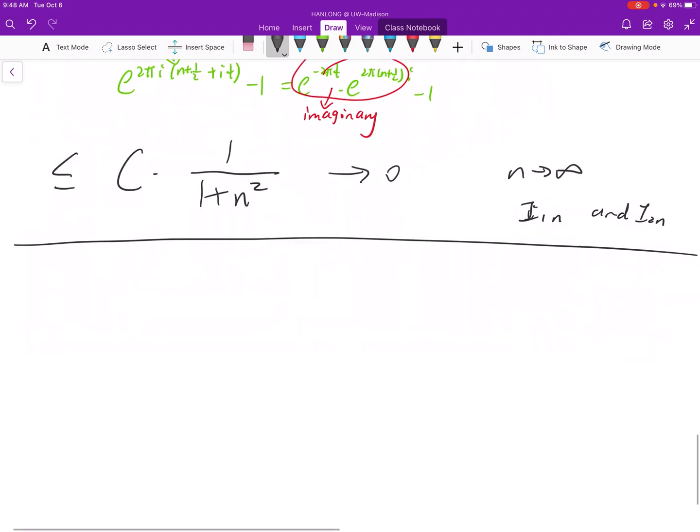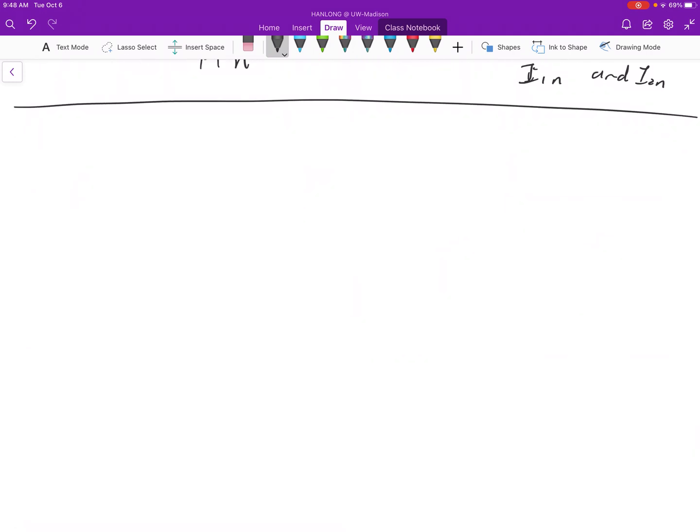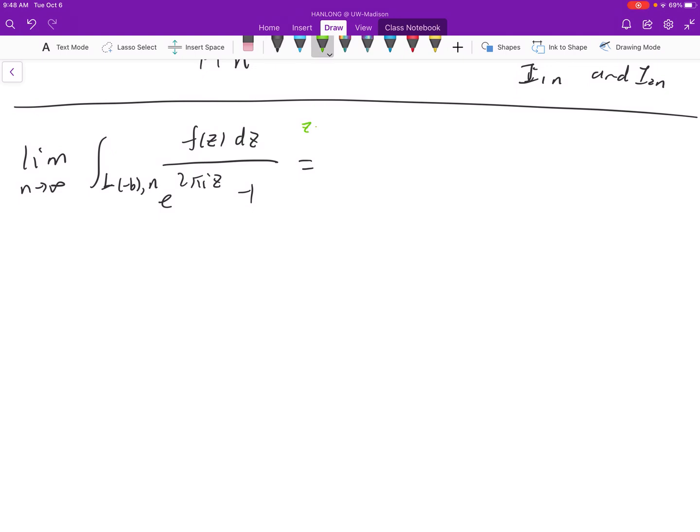This holds for I1n and I2n. There's no difference. Okay, now let's look at the integral along L minus b n. We plug in the value for z. So here z is x minus bi.